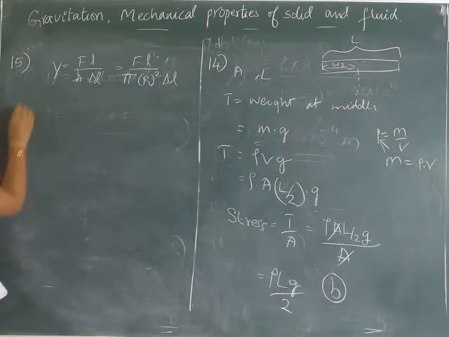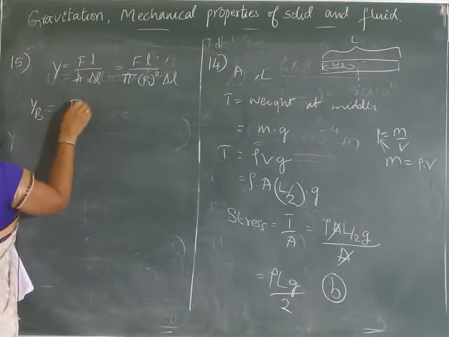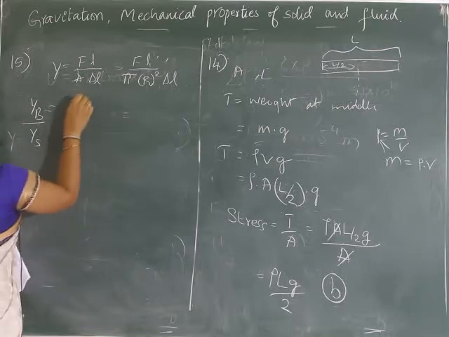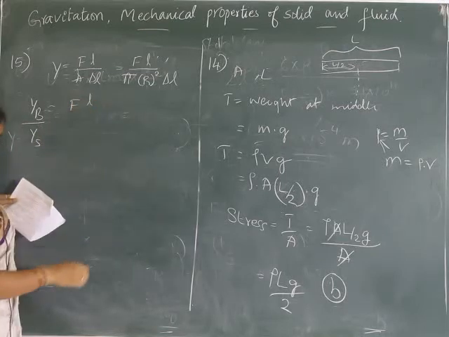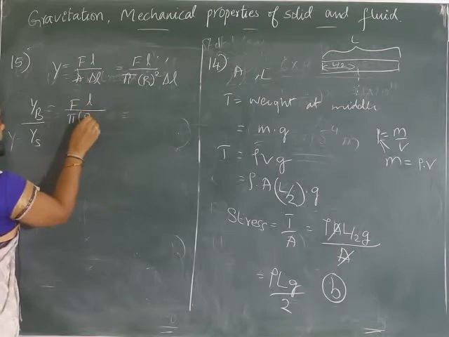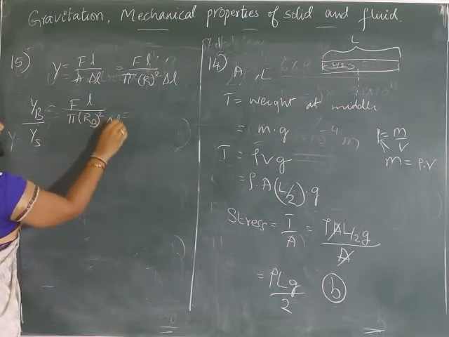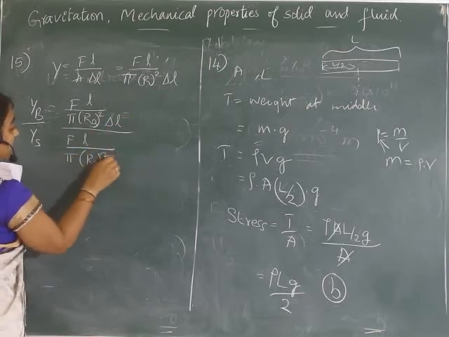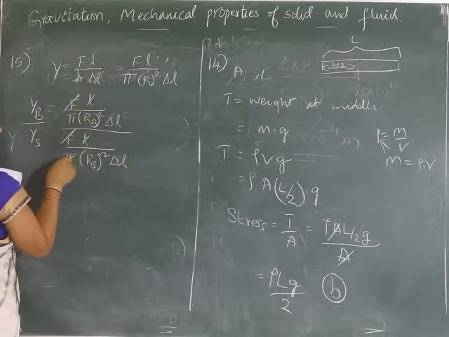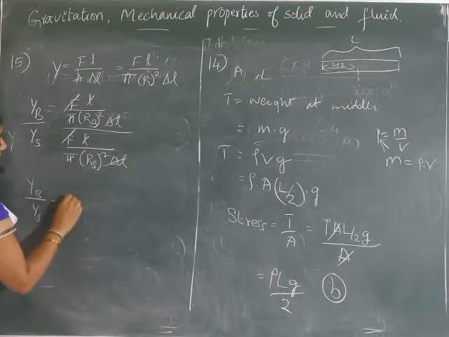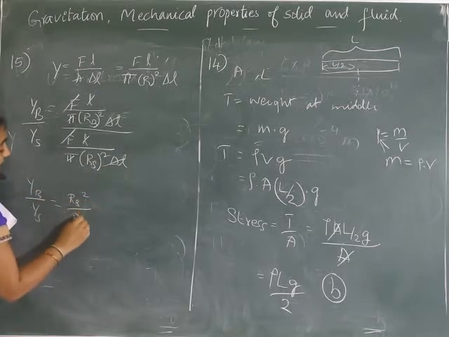For the brass, YB is equal to F L by pi RB square delta L, and for steel, YS is equal to F L by pi RS square delta L. F is same, length is same, delta L is same, so they will get cancelled out. So YB by YS is equal to RS square by RB square.